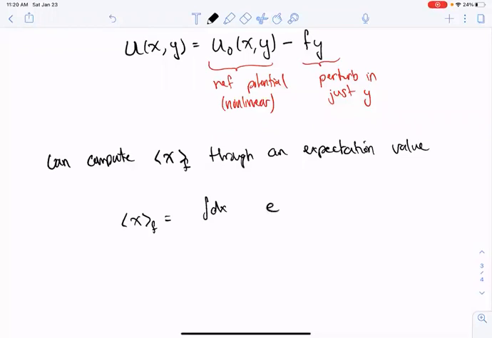Well, it's some e to the minus beta, the bare potential, which exists in x and y, e to the beta fy. Now, unless that potential is separable in some simple way, such that u of x and y is equal to u of x plus u of y, I won't be able to factorize out that potential, and so I'll need to integrate over all y as well.